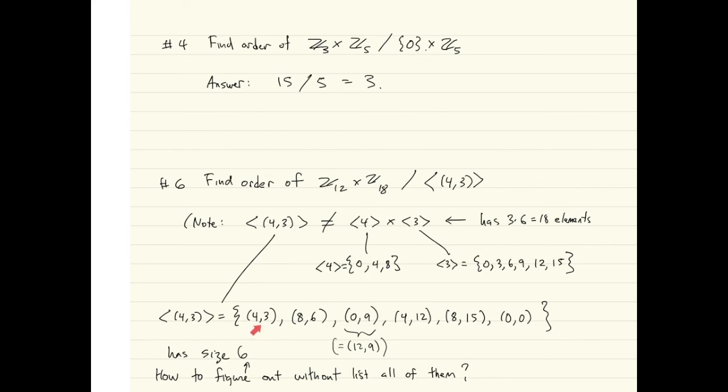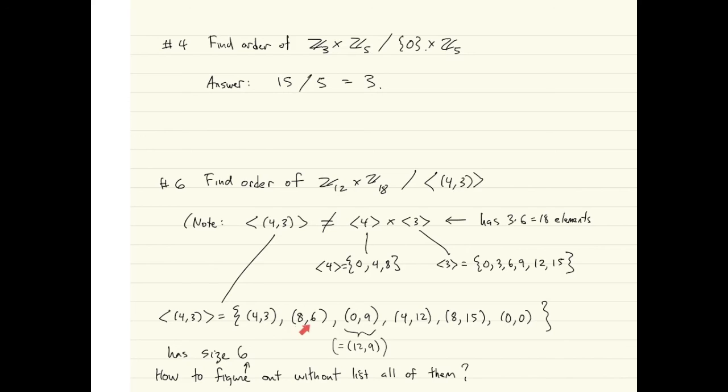But okay, so we start with (4, 3), and then add (4, 3) to itself. So that's (8, 6), because addition, or the group operation in the product group, is done component-wise. So we do 4 plus 4, that's 8, 3 plus 3, that's 6, and then we repeat that process.